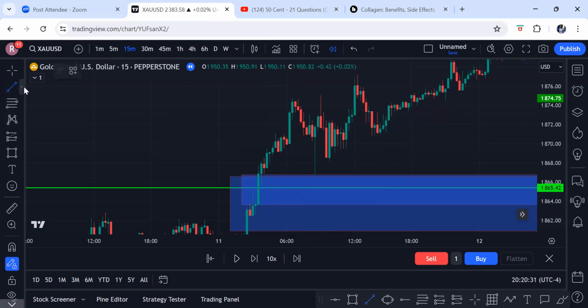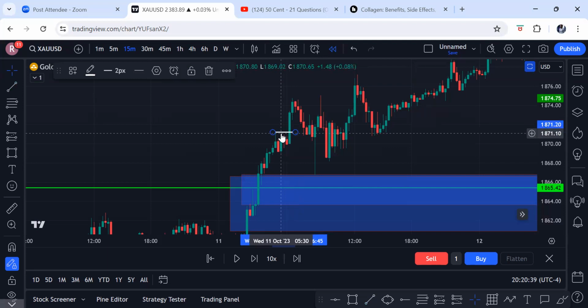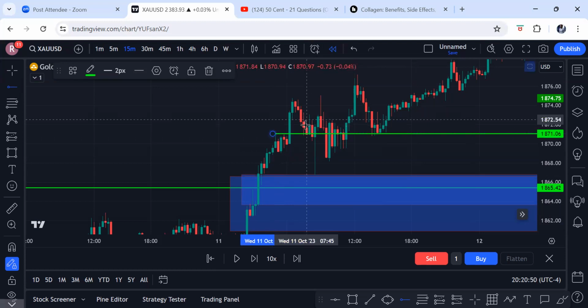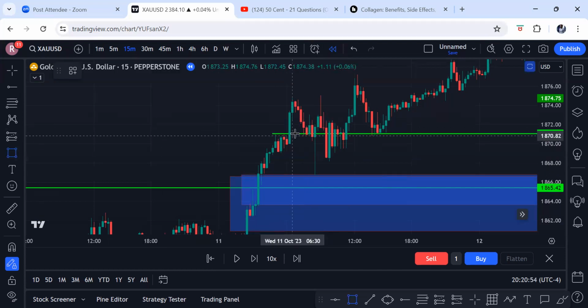This would have been considered a break as well. Obviously, if you wouldn't have seen this on that time frame, this would have been considered a break of structure. First it would have pushed up, bam, and balance would have been created in here.